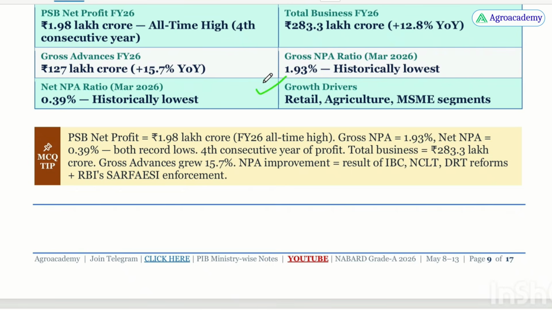Why has the NPA been reducing? Because retail, agriculture, and MSME segments have shown growth due to different government policies and loans. That's why the NPA has been drastically lowered.